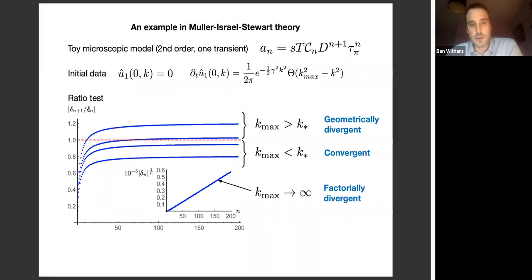If you look at the ratio test as a function of the number of terms that you keep, and you pick K max to be less than K star, it converges. The ratio test approaches something less than 1. If you pick K max greater than K star, it diverges, but it does so geometrically. And if you pick K max to infinity, so that it's not compactly supported anymore, then you find factorial growth.